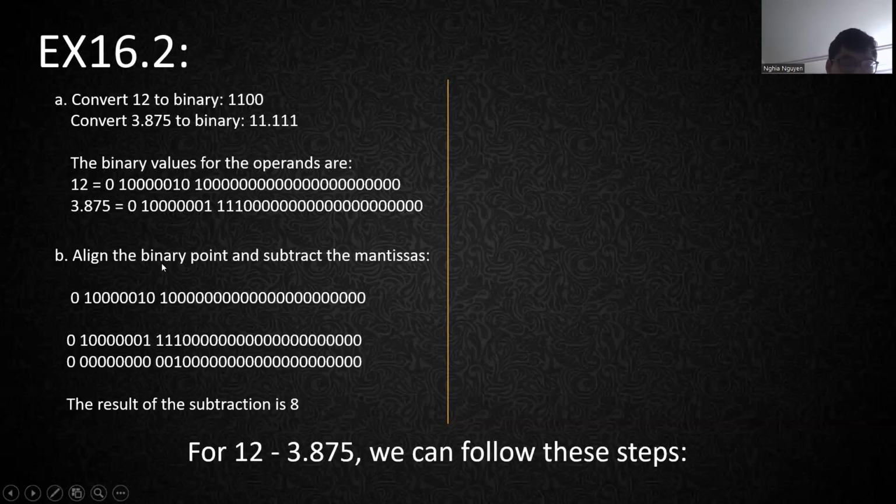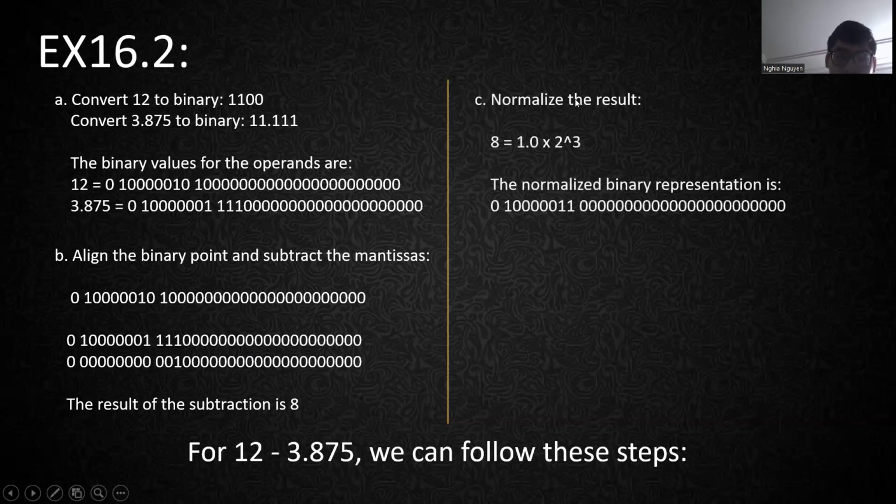This number is the result of the subtraction. Then normalize the result: it equals 1.01 multiplied by 2 to the power of 3. The normalized binary representation is this number.